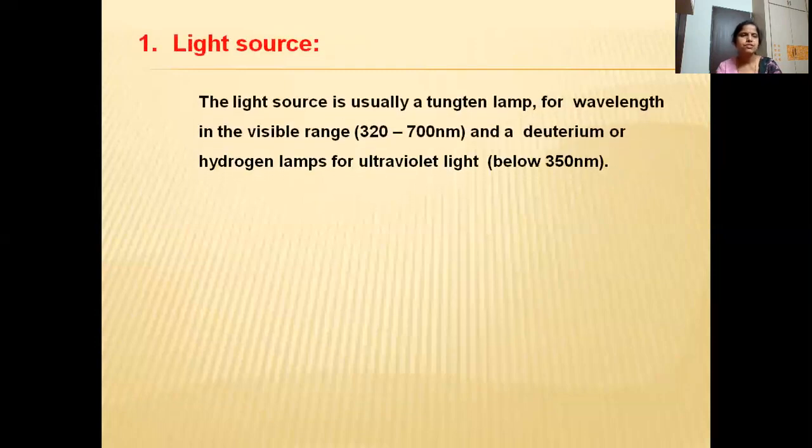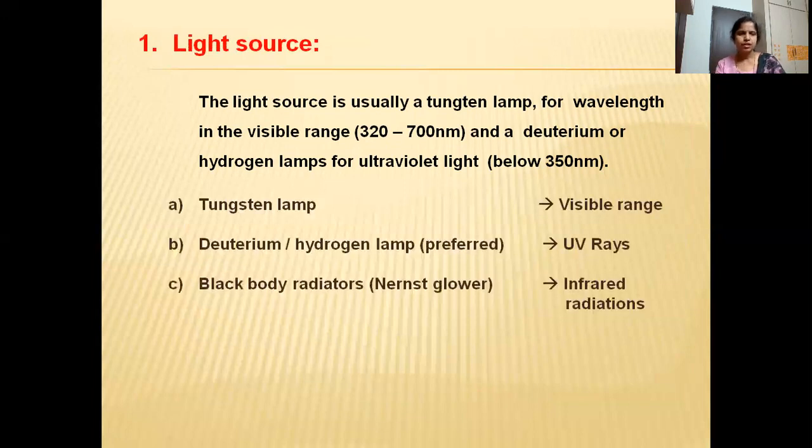Now we'll see each and every component in detail. First is the light source. As I said, it is usually a tungsten lamp or tungsten filament for the visible range. For the UV range, we can take a deuterium or hydrogen lamp. And for IR radiations, we generally take a Nernst glower.